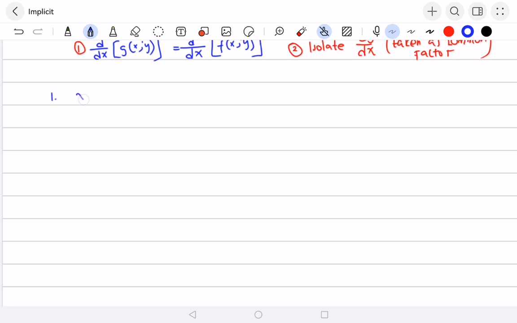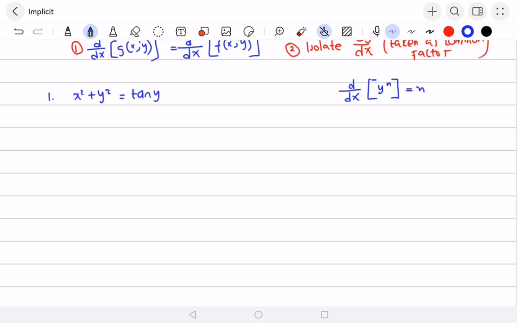You have x squared plus y squared equals tan y. Before I do this, I have to explain that whenever you take the derivative with respect to x of y to the n, you differentiate it as if you are differentiating x, but because it's a y, you have to multiply by dy over dx.